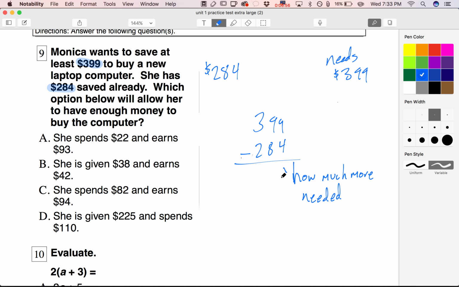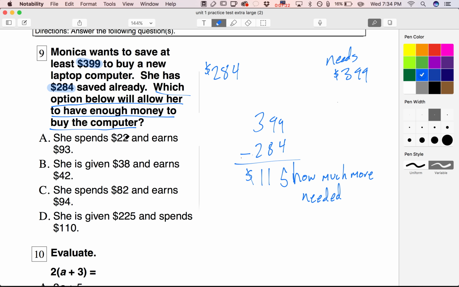So now we're going to subtract this, get 5, 1, 1. She needs $115. So we need to have an answer where she has $115. So she spends $22. Which option below will allow her to have enough money to buy the computer? So one more time, it's always good to reread this last question before you keep going, just to make sure you know what you're looking for.